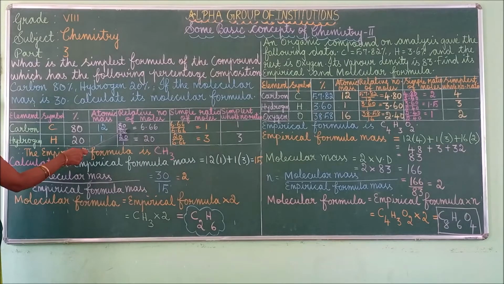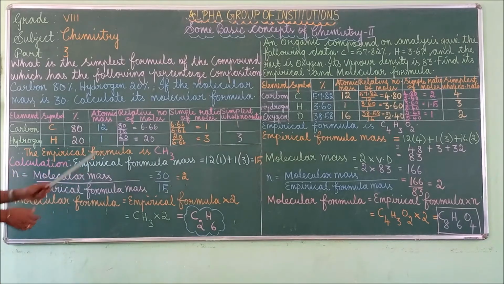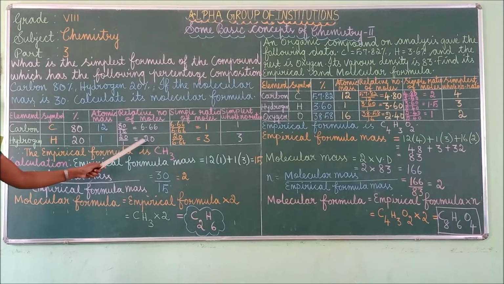So, 80 divided by 12, you will be getting the answer 6.66, right? Next, what you have to do? Next one, you have to calculate for hydrogen. For hydrogen, its atomic mass is 1. Percentage given is 20, isn't it? So 20 divided by 1, you will be getting the answer 20.